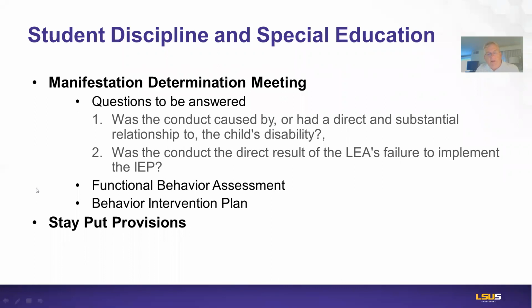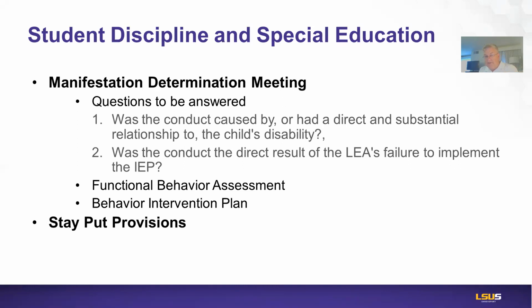Okay, and then the second thing is just the state stay-put provisions. If a parent disagrees with your decision in a behavior or even in a special ed placement, then you need to know that your state law is going to determine what the length of time is for your state stay-put provisions and the reasoning behind those provisions.